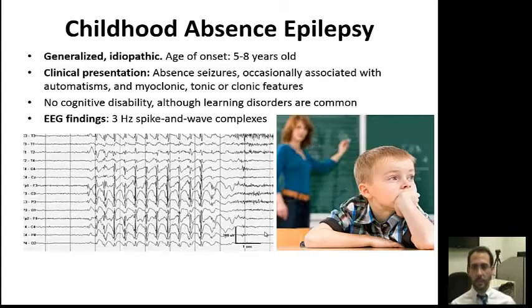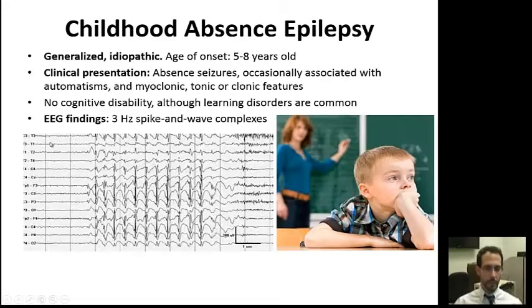So sometimes this entity is confused with attention deficit hyperactivity disorder, but it's not, and it just needs to be properly assessed. The EEG can show what's called a 3 hertz spike and wave. What it means is that in a 1 second period, you can count 3 spike and wave complexes.